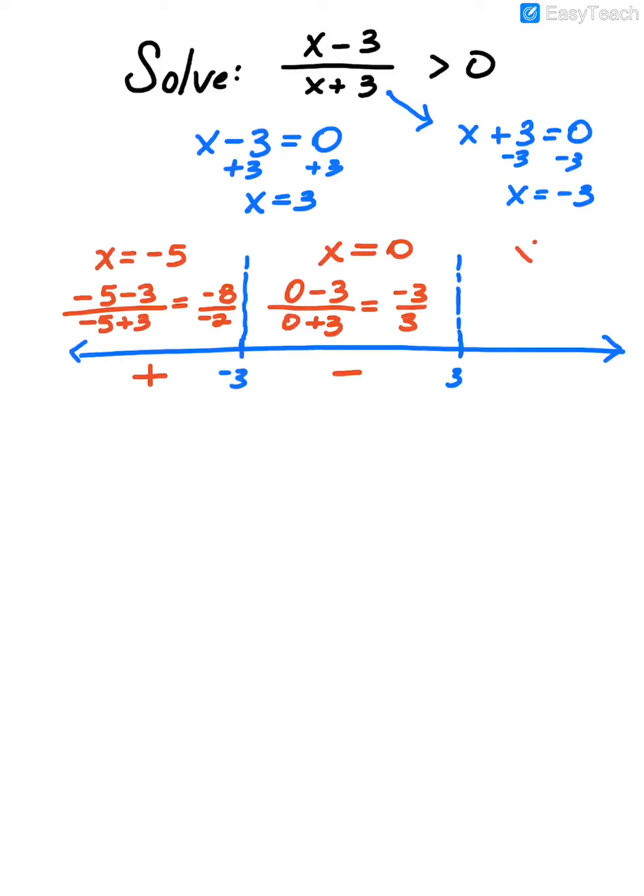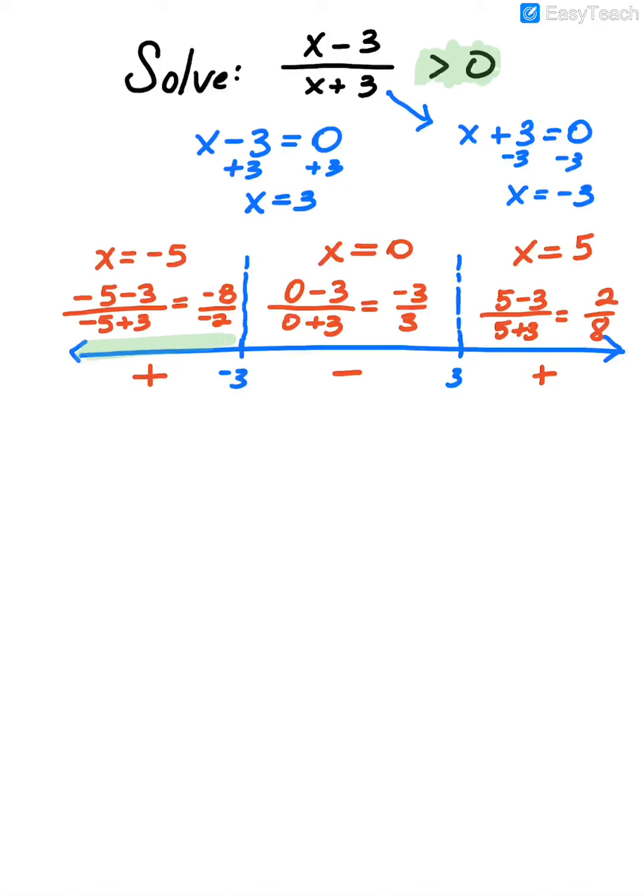Then finally, something bigger than 3, I'll just choose a 5. So 5 minus 3 over 5 plus 3 leaves me with 2 over 8, and what matters is that it's positive. So when we're looking at this particular inequality, we are interested in where it is greater than 0, which indicates positive numbers.